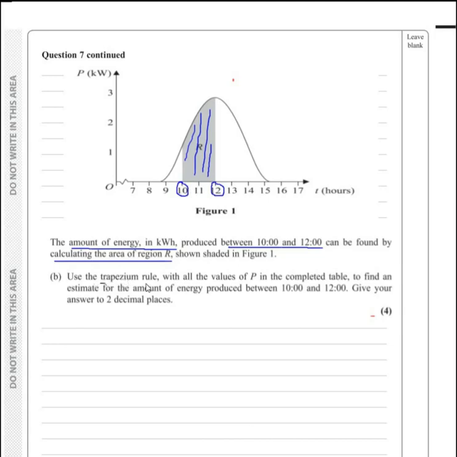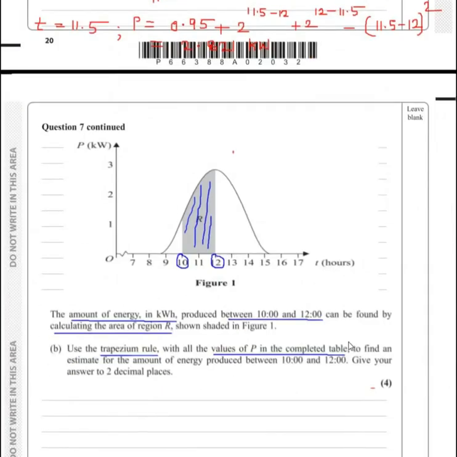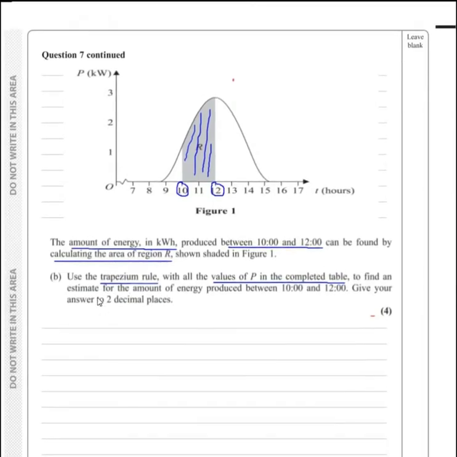Use the trapezium rule with all the values of P in the completed table. We are talking about the table we just completed above. So we have to make use of this table here to find the estimate for the amount of energy produced between 10 and 12. Give your answer to 2 decimal places.